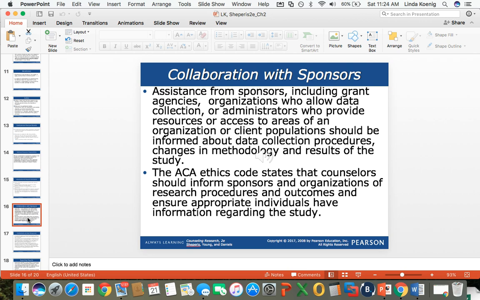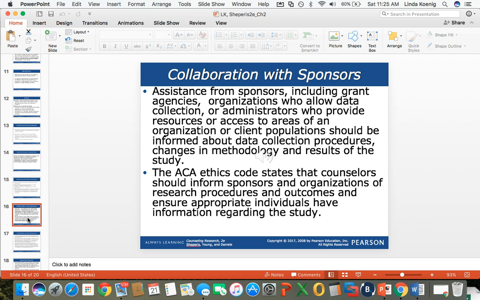Okay, so if we have sponsors that we need to collaborate with, we really need to make sure that we know who's responsible for what and what the limitations are as far as the sponsor, what they're allowed to see, what they're not allowed to see.